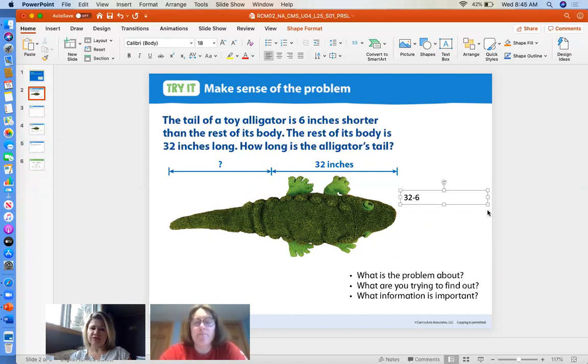The tail of the toy alligator is 6 inches shorter than the rest of its body. So if I know that the body part is 32 and the tail part is 6 inches shorter than 32, I can figure out what that question mark is. Does that make sense? Okay, so I could take 32 minus 6 equals question mark. And that's how we would figure out that missing number.